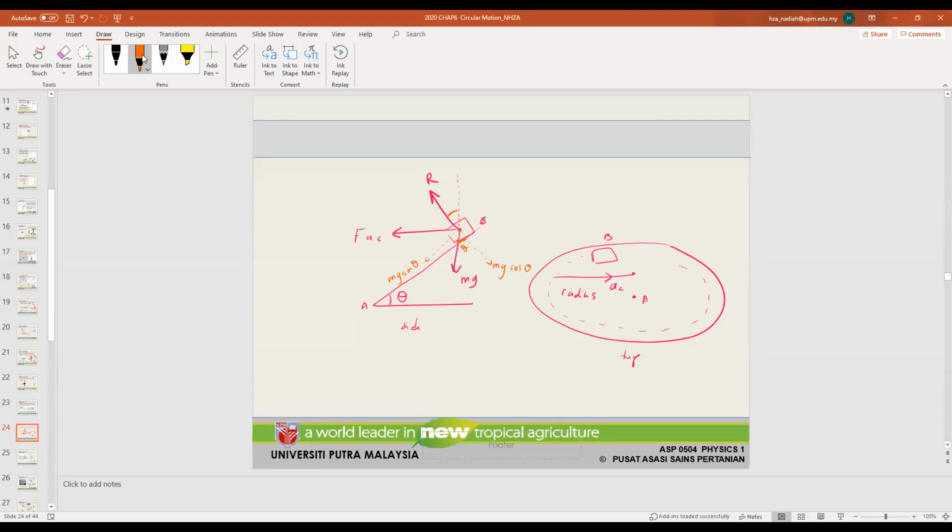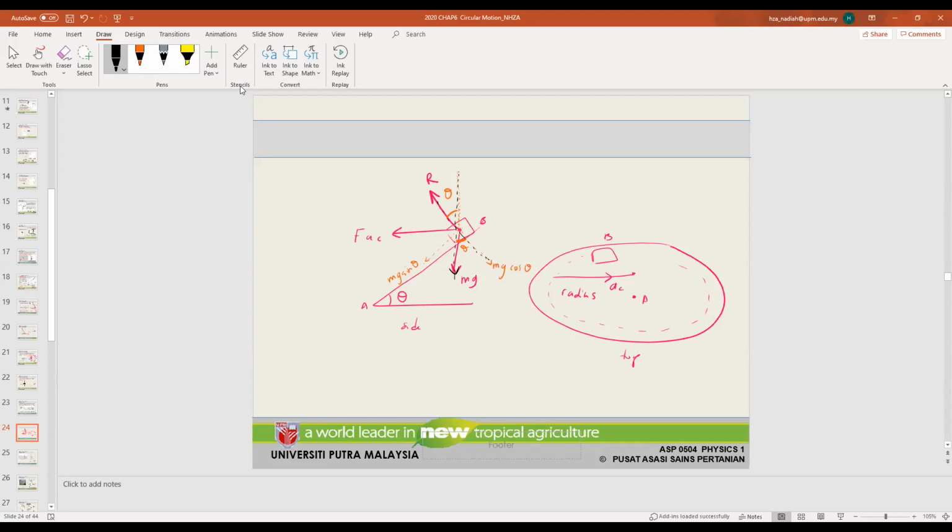Okay, so it is theta. Bawah ni theta, atas ni pun theta. Okay. So this is in the same direction as mg tau. Jangan salah pula. So this is straight over here, down here, sama. Yang ni R sama dengan mg cosine theta.